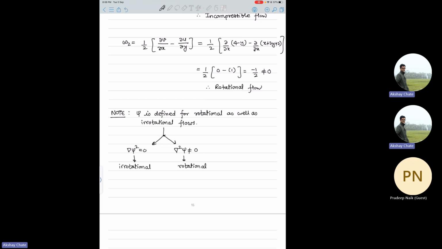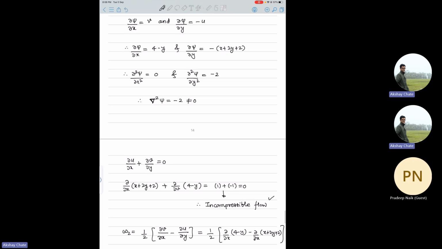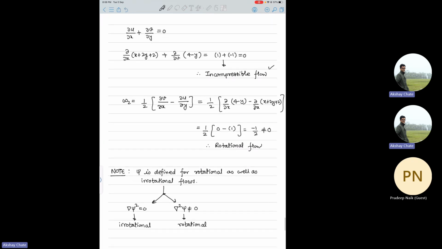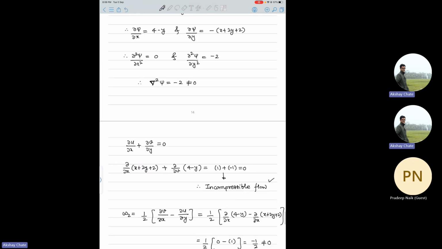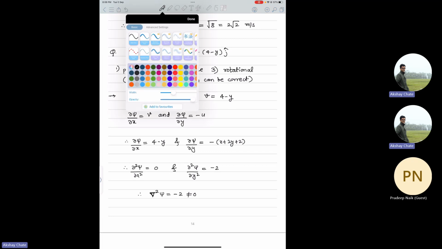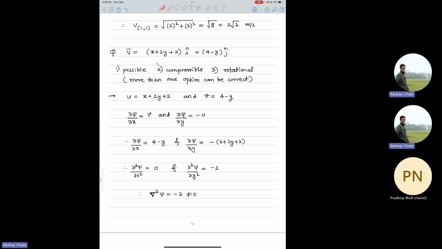So that is correct only, right? Because our Laplace of psi is becoming non-zero, and when we check the angular velocity omega z, that is also saying it is rotational. So therefore this all makes sense. So it is incompressible flow. So this option is not correct.